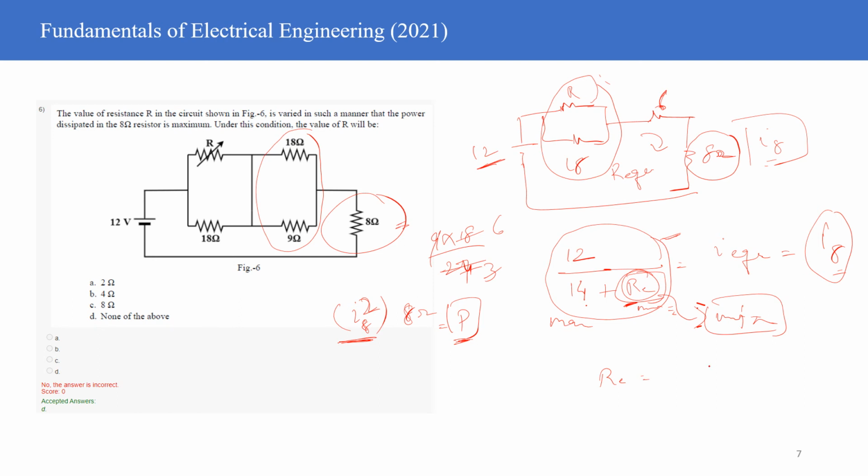But when is this RE value going to be minimum? What is RE? RE is nothing but R into 18 divided by R plus 18, correct? So when is this going to be minimum? When R is equal to 0? That is the minimum value you can have.